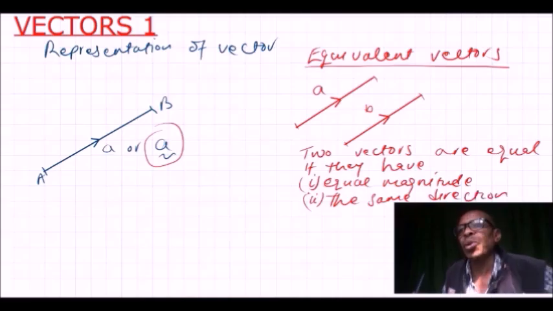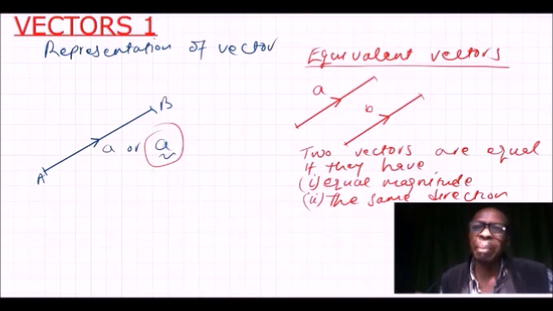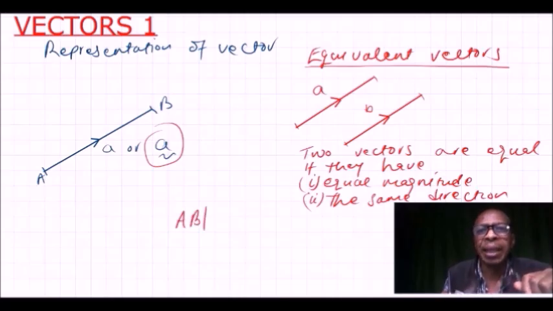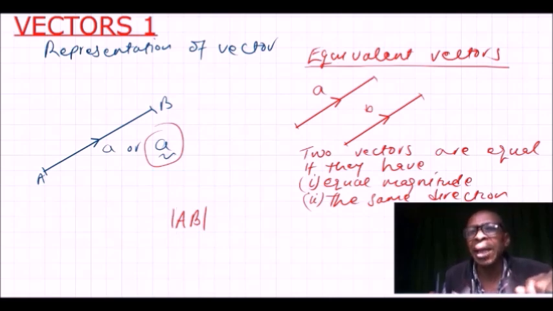I hope that is clear. When we are representing the magnitude, we use two vertical lines. For example, the magnitude of vector AB, like that. These two vertical lines represent the magnitude. So in this case, the direction of A and B is the same, and the magnitude of A and B are equal. So that is how we represent the magnitude.